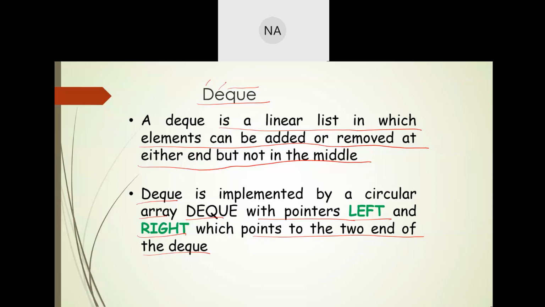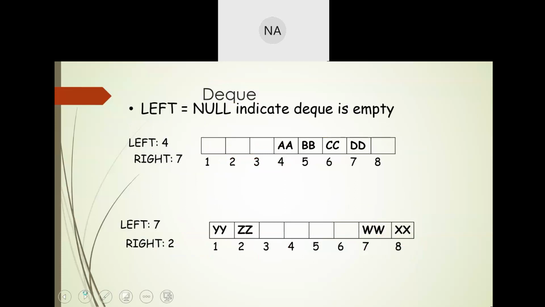In the deck we have two pointers, left and right. So, an example of a deck. In this scenario, we are using a circular array to represent a deck.